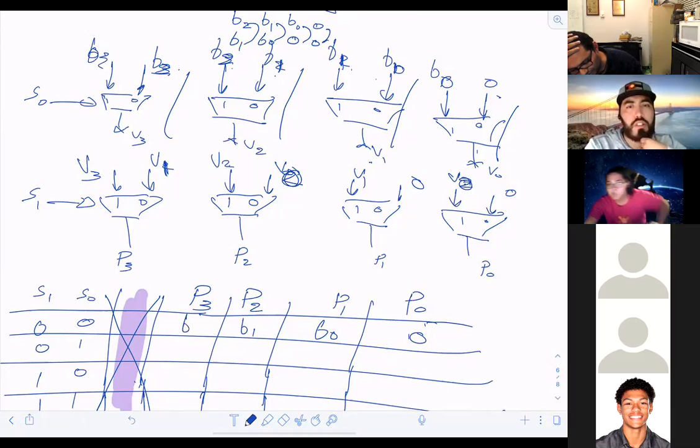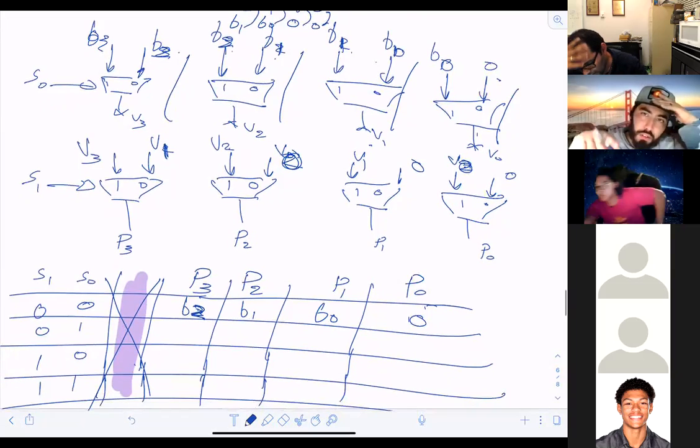They should be B3, B2, right? Let's see if this happened here. So that 0 will go here, right? That will go here, right? Then this 0 will go in V1, right? But then there is a 0 here.